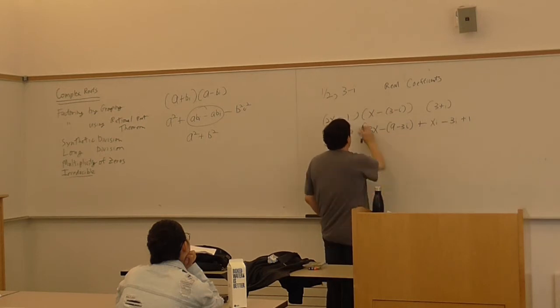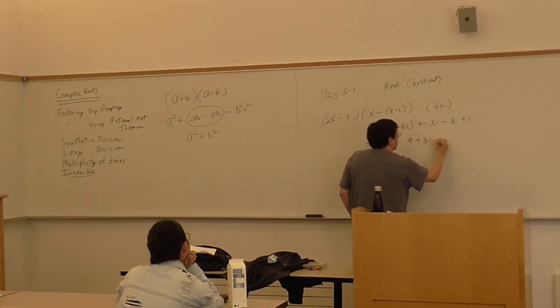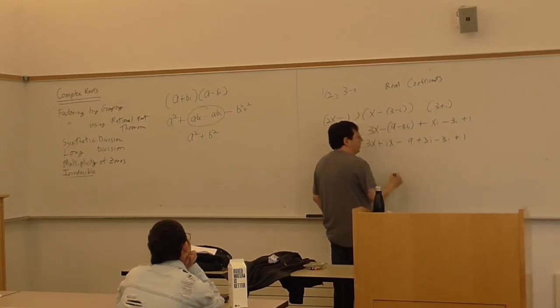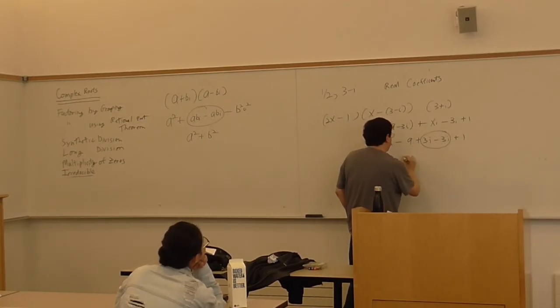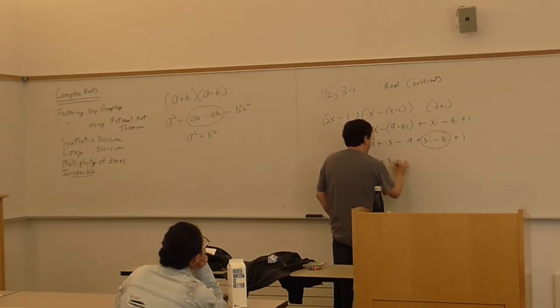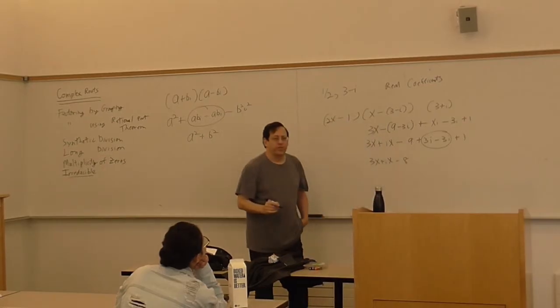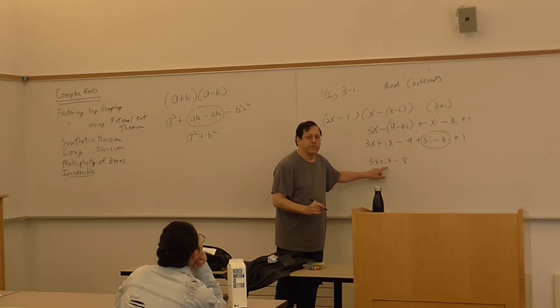Okay, so let's go 3x plus ix minus 9 plus 3i minus 3i plus 1. Okay, so these cancel, that's nice. Minus 9 plus 1 is minus 8. 3x plus ix minus 8. We almost did it. We still have an i in here.